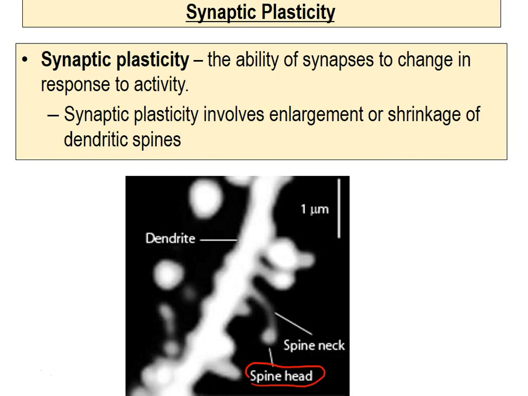One phenomenon of synaptic plasticity is that the more you stimulate a neural pathway, the greater the excitement of that pathway. So we're talking about learning here. Synaptic plasticity is really this phenomenon that says that you can change your brain.